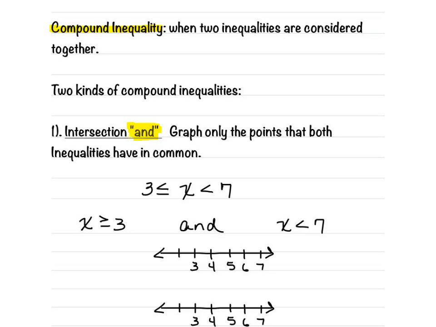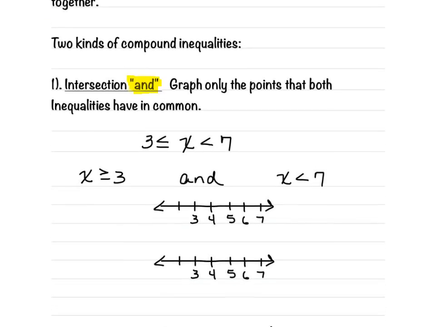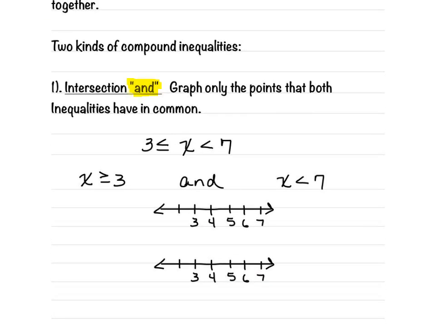The "and" inequalities, or the intersection inequalities, will look one of two ways. You may see a statement that looks like this, where x is in between, and you have two inequalities written as one statement. You read it this way: 3 is less than or equal to x, which is less than 7.